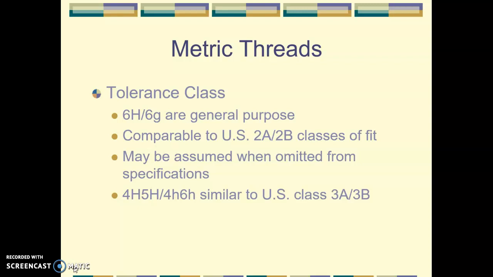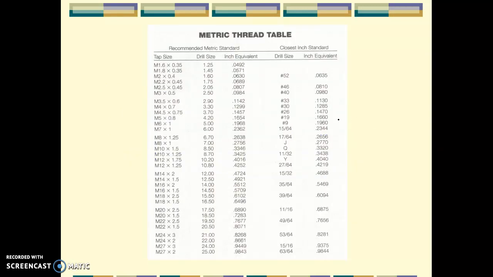Here we have an example metric thread table. So you can see all of the metric thread designations start with the letter M, followed by the major diameter of the threads. In the smaller series, we do see a few decimals, 1.6, 1.8, 2.2. But then beyond that, we either see half millimeters, like 2.5, or for the most part, whole numbers, 8, 10, 12, 14, and so on.